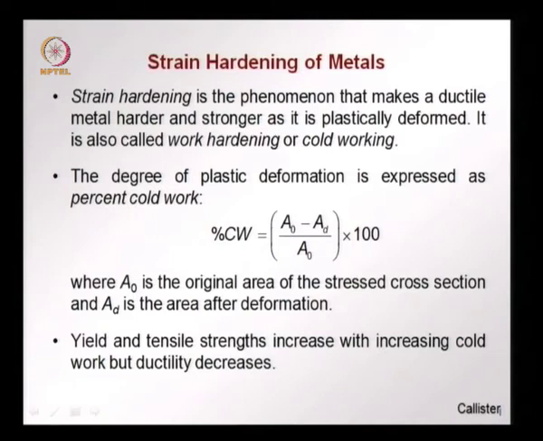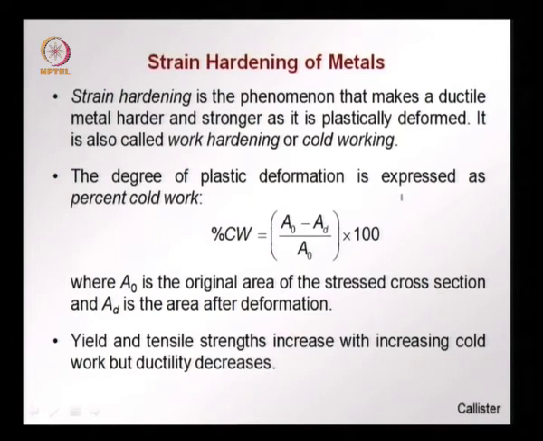Cold working because this occurs when temperature increase does not accompany it, that is, it is occurring at room temperature or ambient temperature. So, that is why it is called cold working, and the degree of plastic deformation or the percentage cold work can be expressed as the change in area of the section divided by the original area as a percentage.